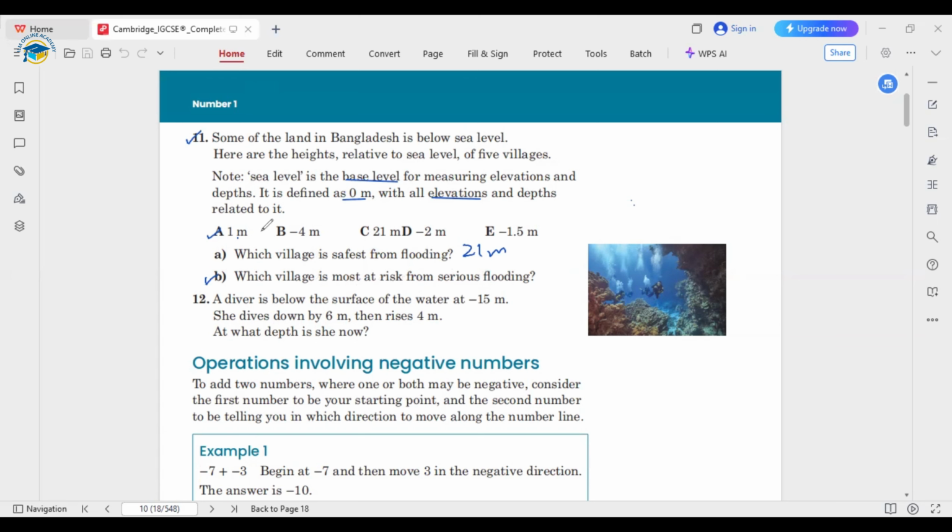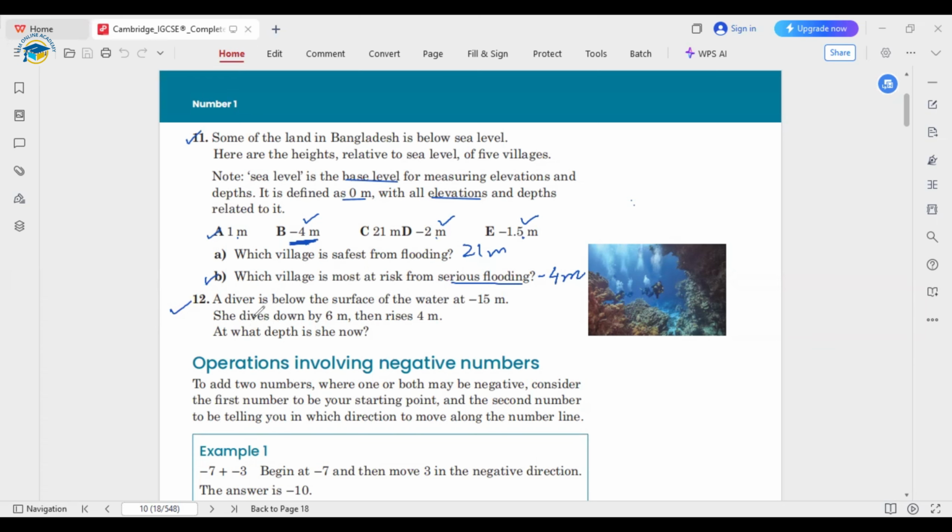As we have some negative numbers here, and negative numbers are the smaller ones, the least number is what we pick. You can check this is negative 4 meters as compared to negative 2 and negative 1.5. This is the smallest number, so the negative 4 meter village has the serious flooding risk.